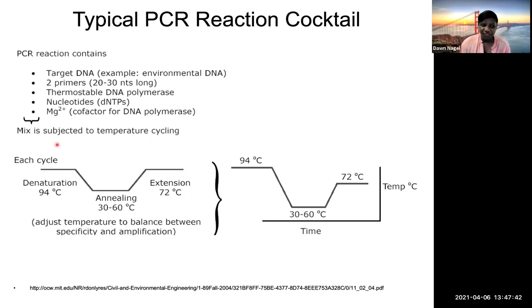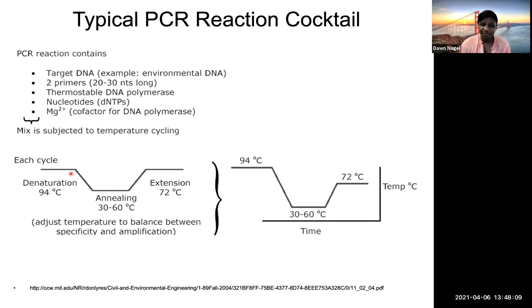You'll have a range of different temperatures, depending, to some extent, on the polymerase and also your primers. So you will have a cycle, so it's called a polymerase chain reaction. You're using polymerase, the chain reaction is repeating this many, many different times to a certain extent, okay?